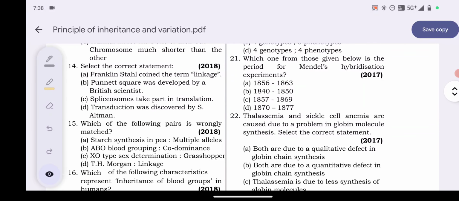Option D, Turner syndrome is due to trisomy and results in sterile female. So what will be the answer for 26? Option A. Klinefelter syndrome is due to an extra X chromosome and results in sterile male.